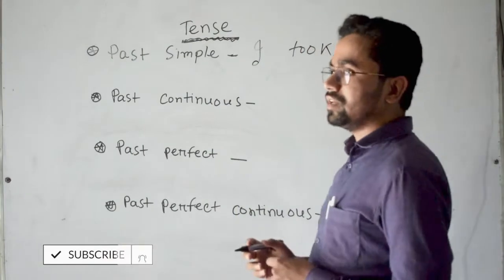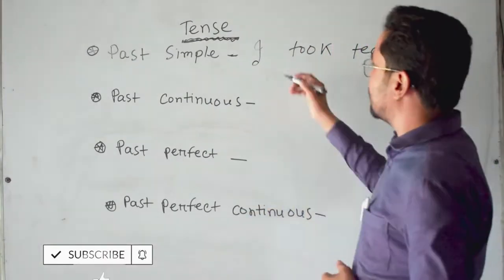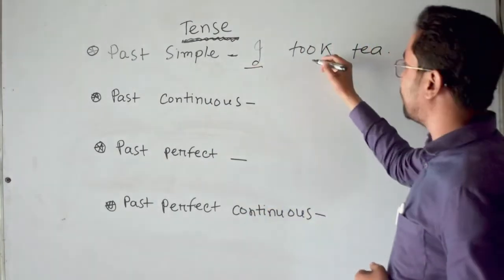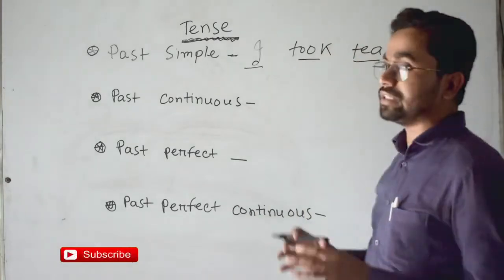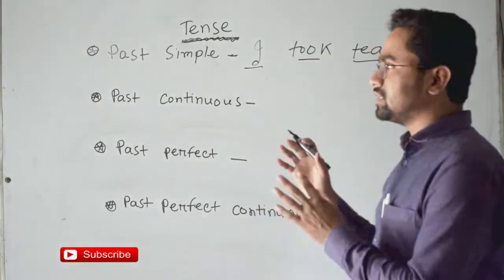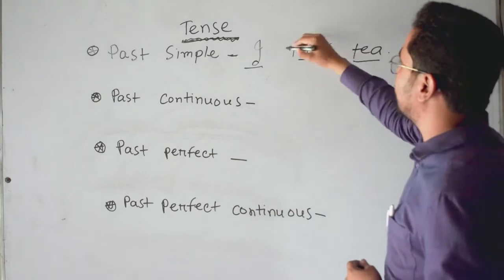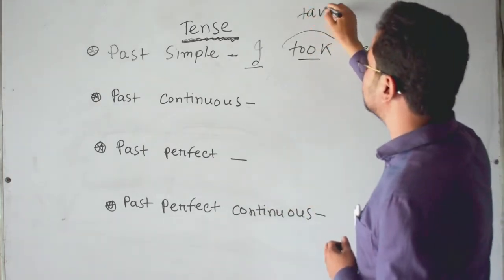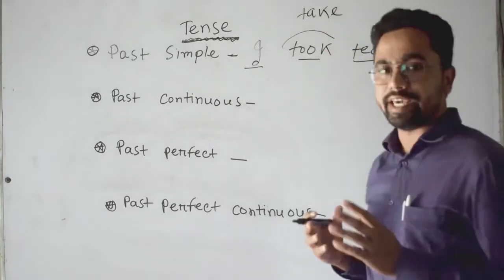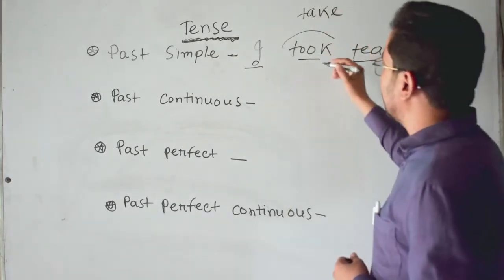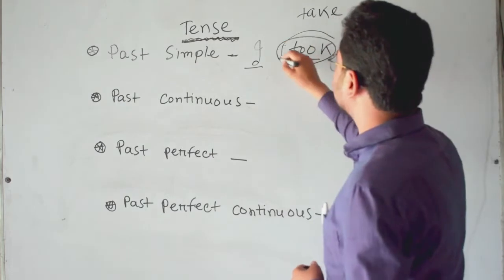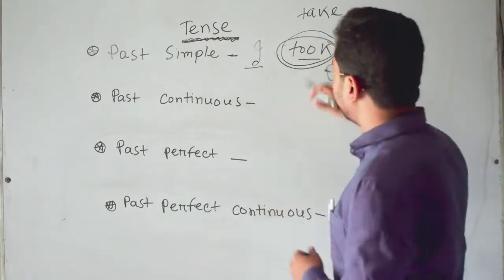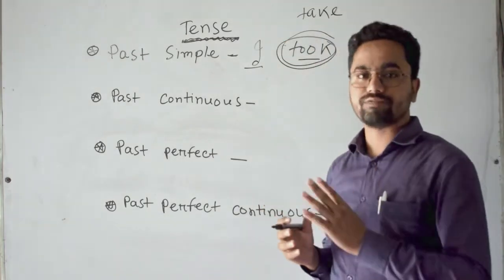In this sentence, you will find a subject, a verb, and an object. The verb is took. Took is the past form of take. In this sentence, take is the verb, but I have used took in past form.